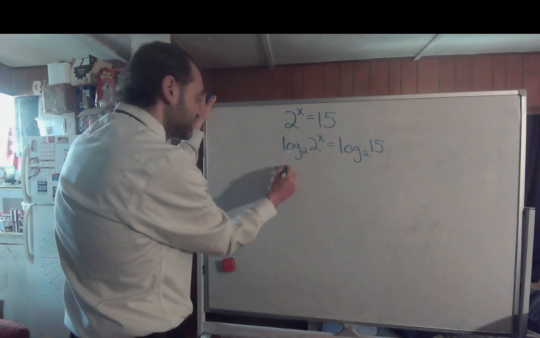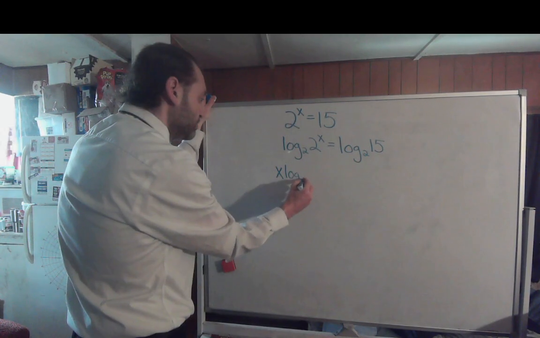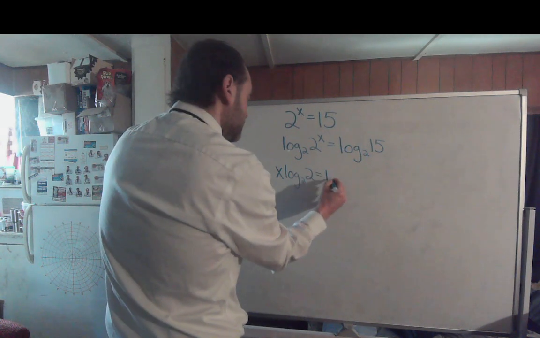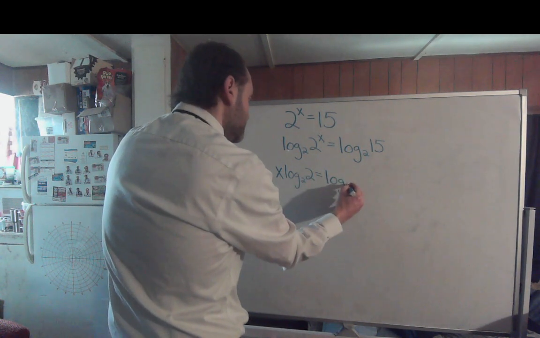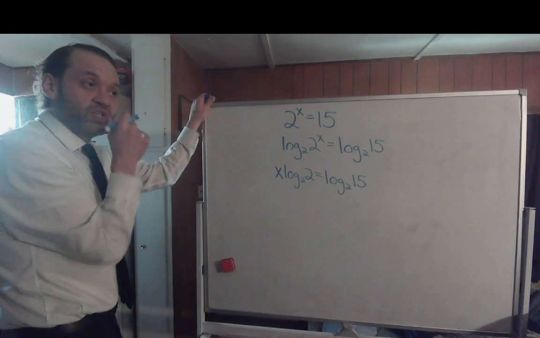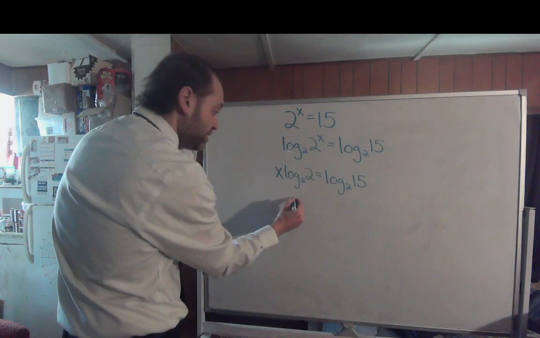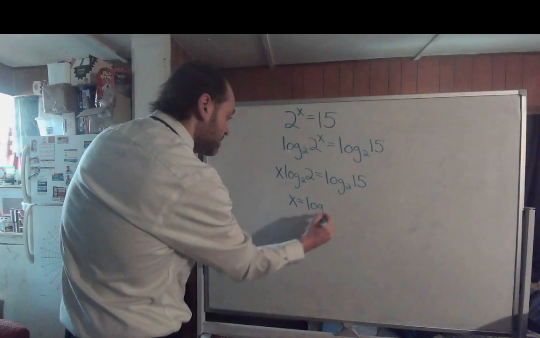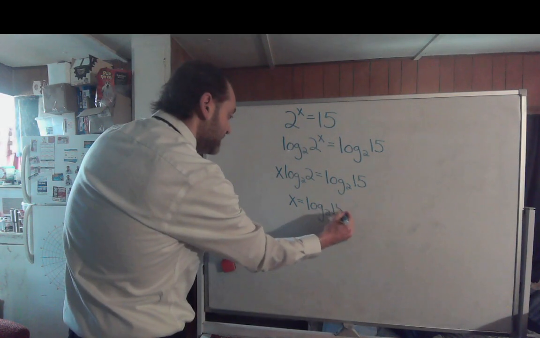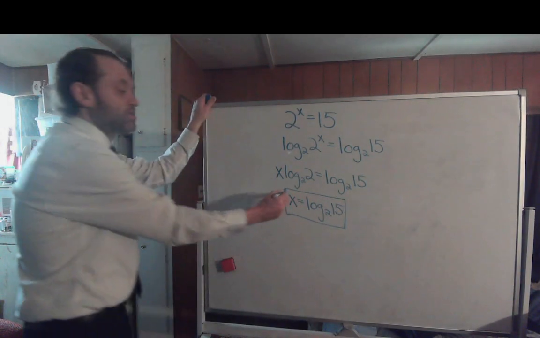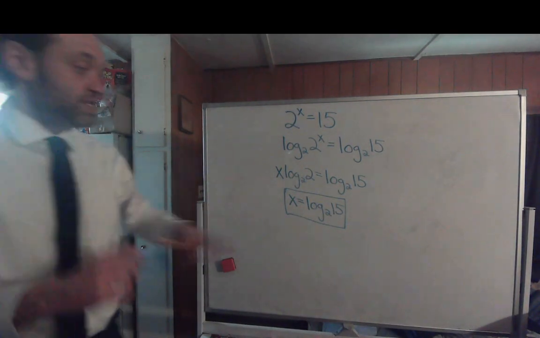You'll have x times log base 2 of 2 equal to log base 2 of 15. Well, what is log base 2 of 2? That's just 1, right? So you get that x is equal to log base 2 of 15. And that would be your exact answer. X would equal log base 2 of 15.